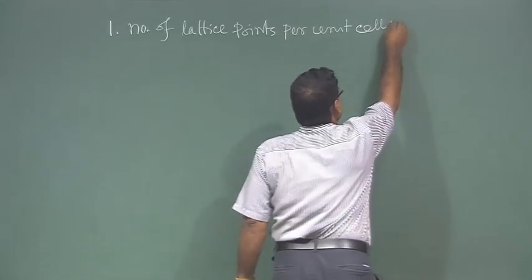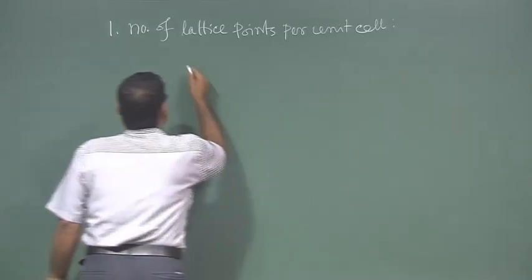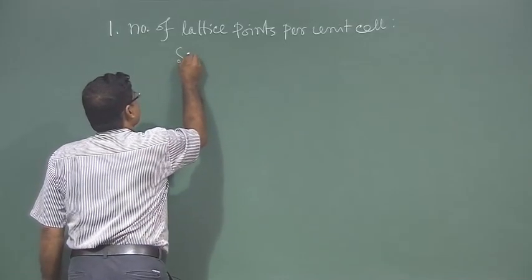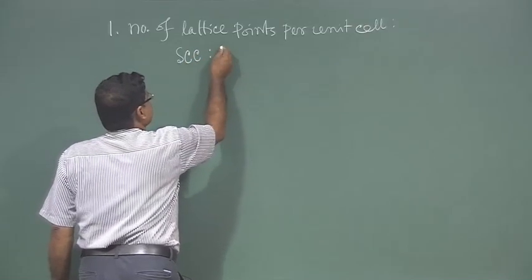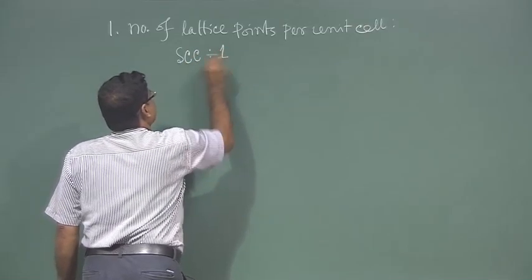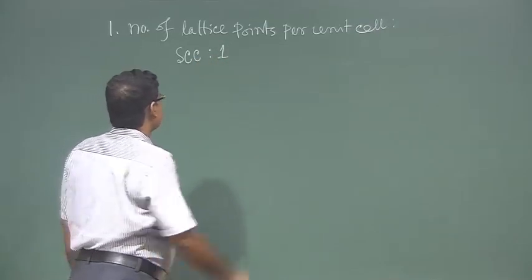So, mainly we will deal with the cubic system. So, for cubic, simple cubic crystal, we have seen the number of lattice point is 1 per unit cell.